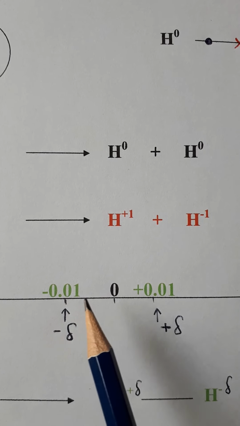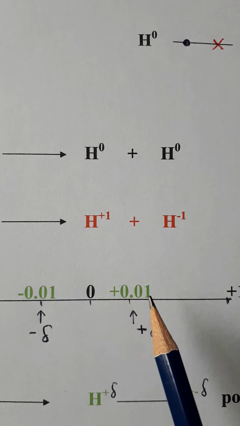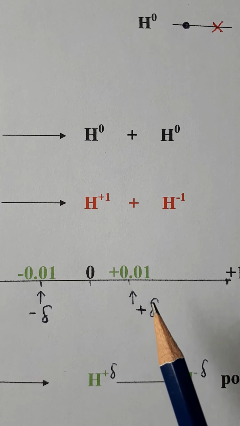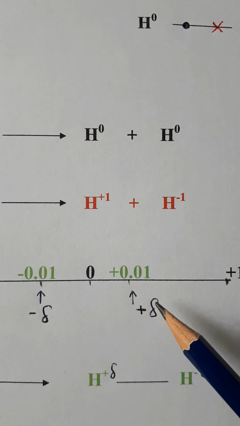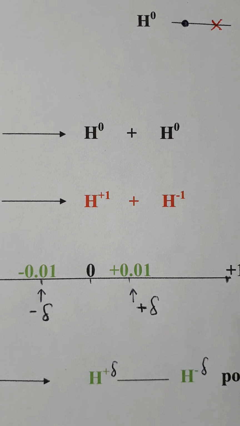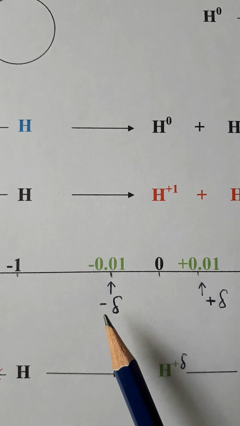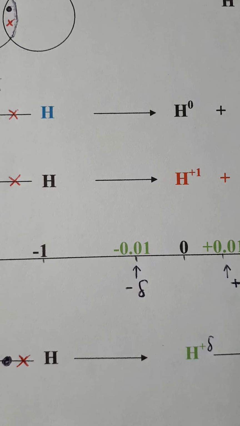So think about a small positive number, like I pick 0.01. I call it plus delta. This symbol delta is almost like the number 8, but this part is empty. So delta always represents a small number. And -0.01, I call it minus delta. You will see the reason in a while.